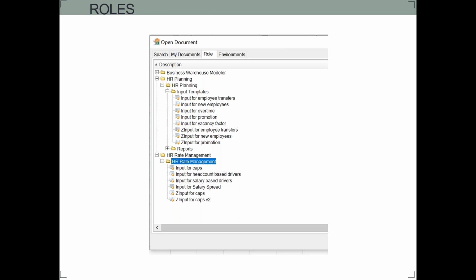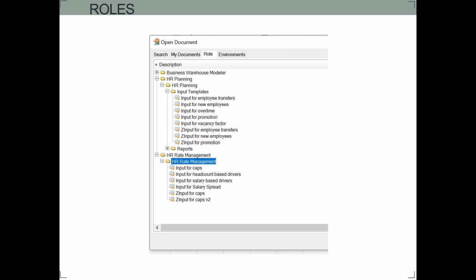Last thing I really want to talk about is securing by roles. Basically you're going to have two groups of people in this example. You'll have people who are using the system as an inputter and using reports, and then people that are really managing the rates. Only one person should be putting in the Social Security cap rate for the United States.